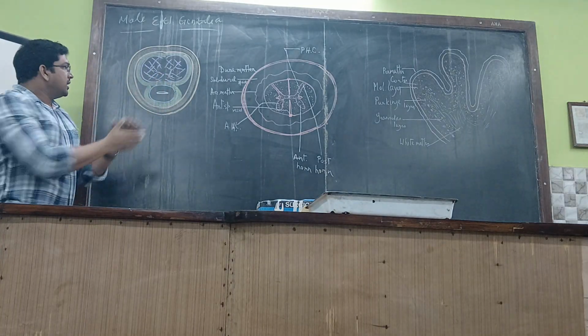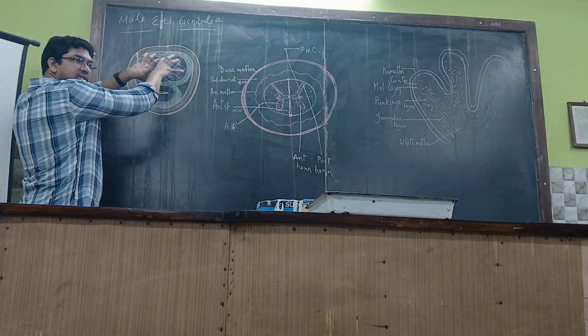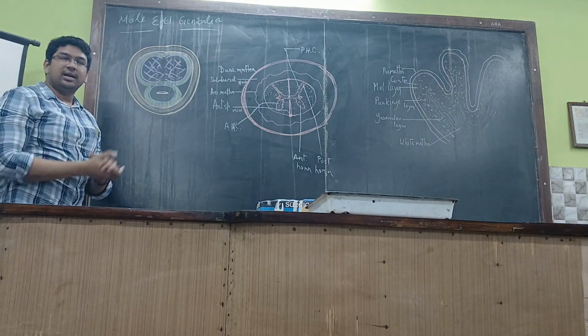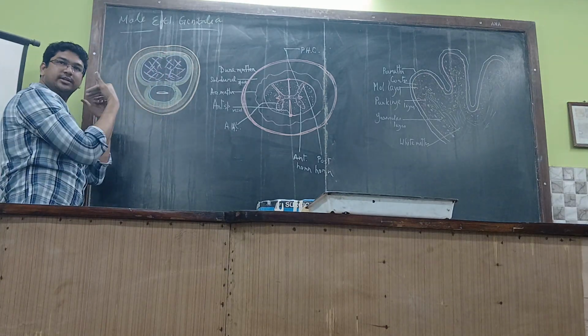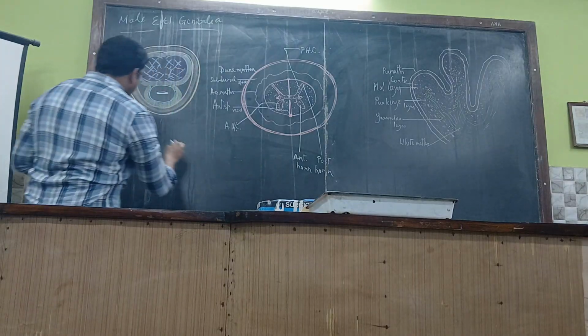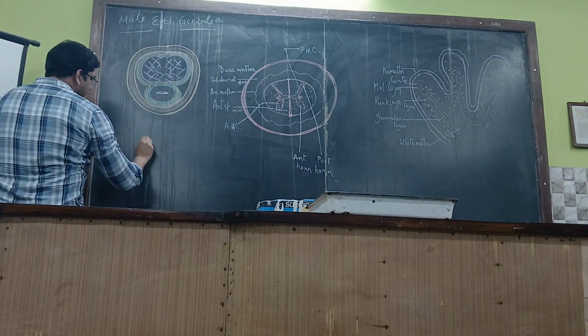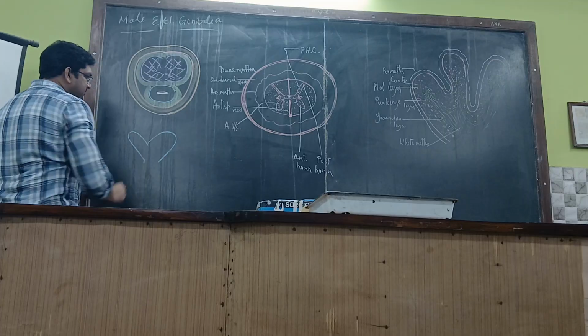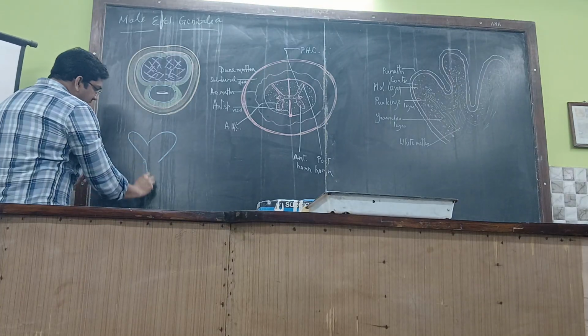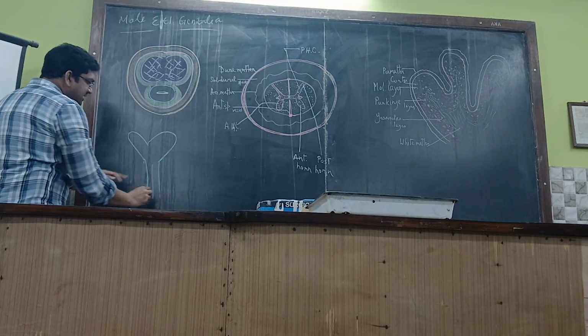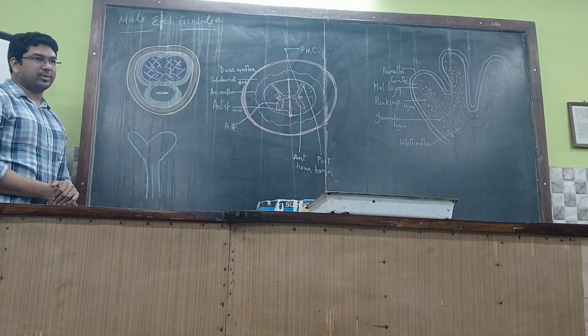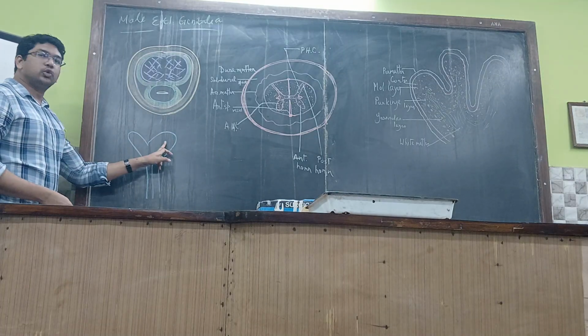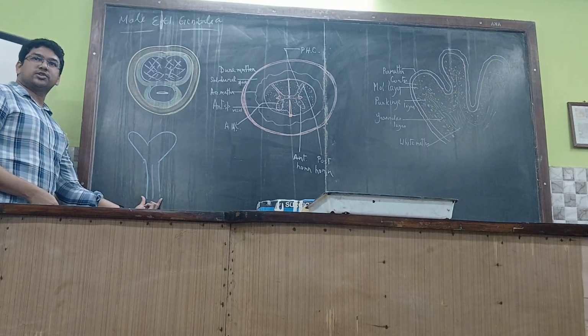If you go behind, they will separate, like conical cylindrical structures. If you look from above downwards, these are the two crura on either side. But in front, they are joined together and separated by a small septum. So behind, there are two crura. In front, there will be a singular structure.